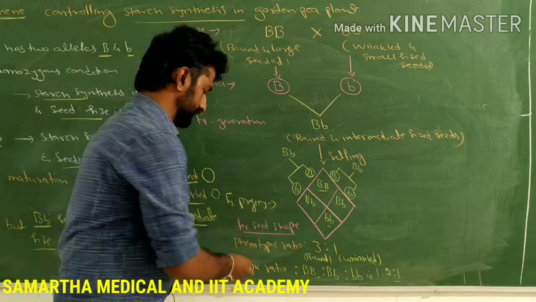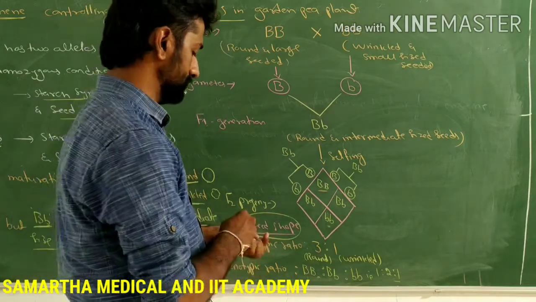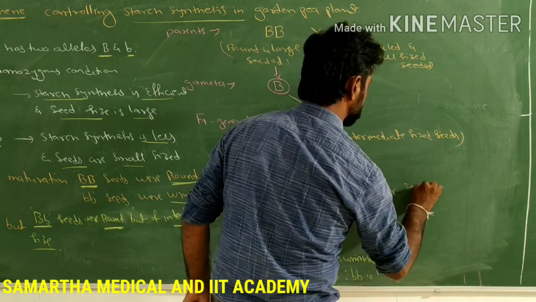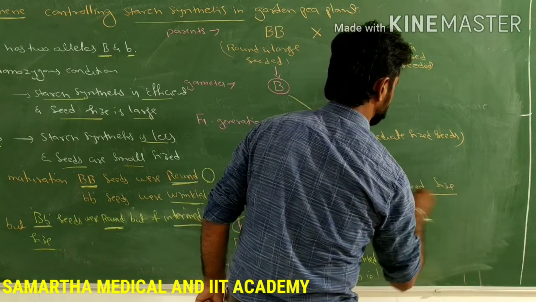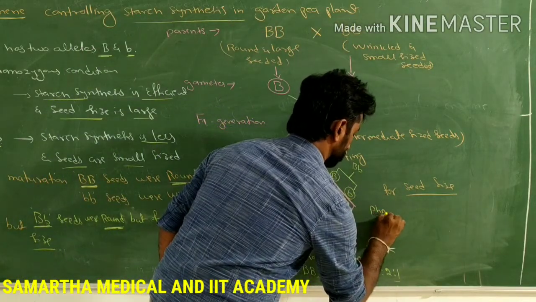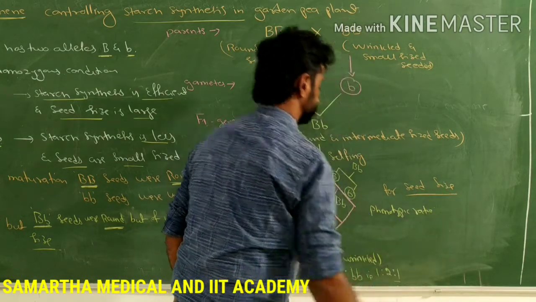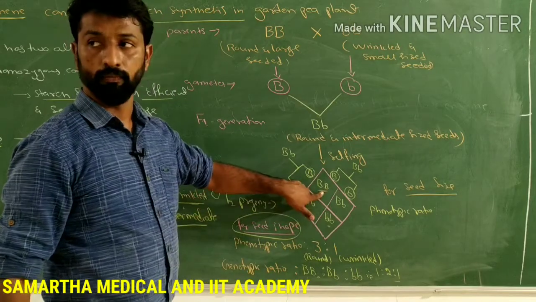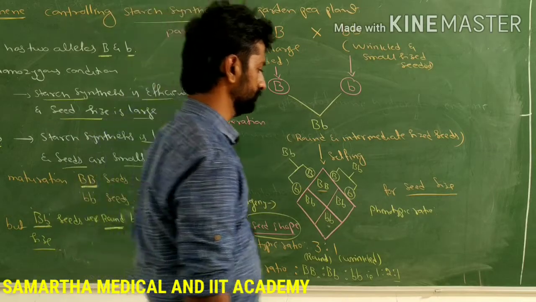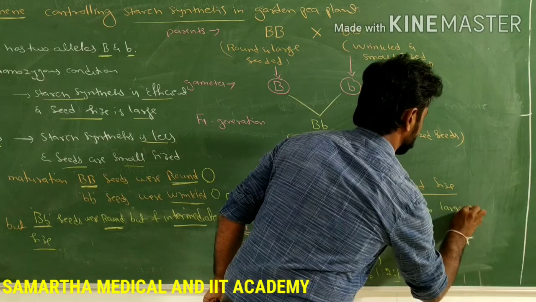But if the other phenotype is considered, then what happens? When the other phenotype, that is seed size, is considered, what is the phenotypic ratio? When both alleles are homozygous dominant, the size will be large.